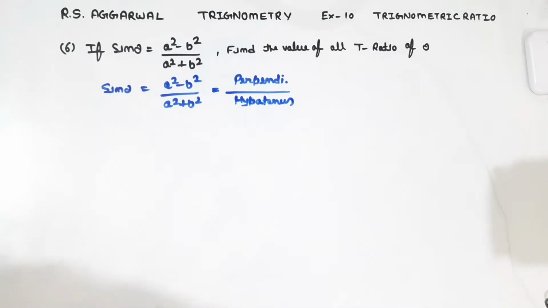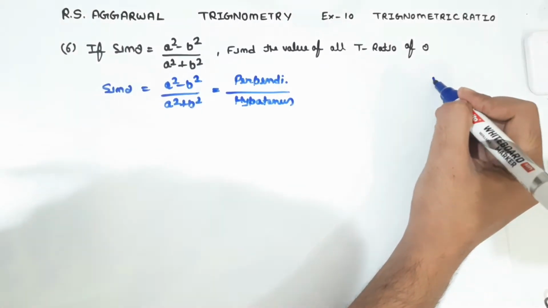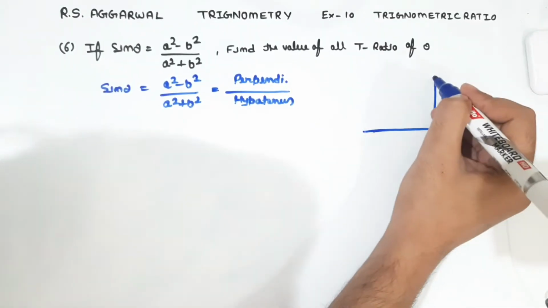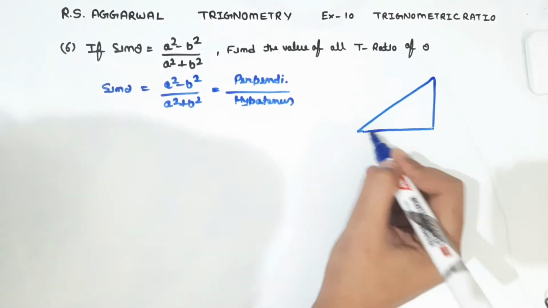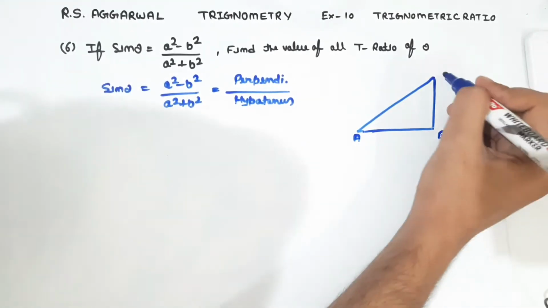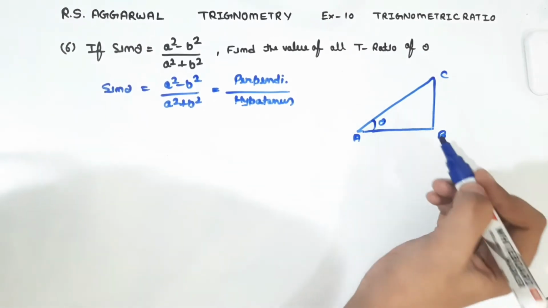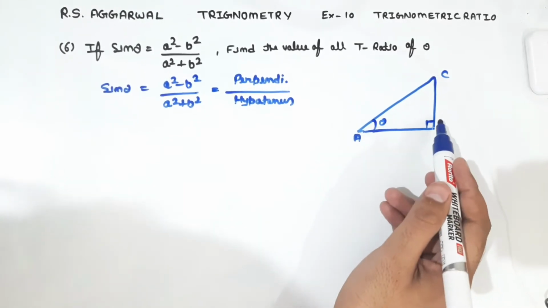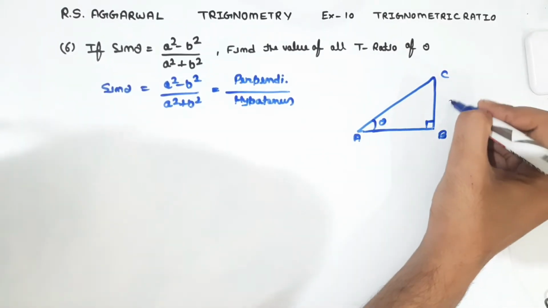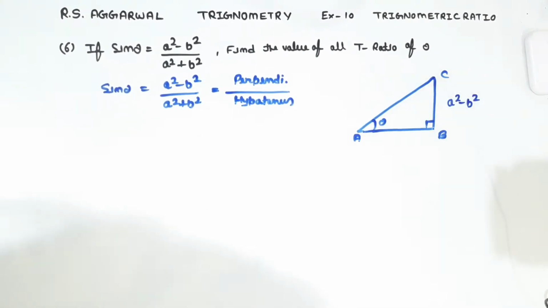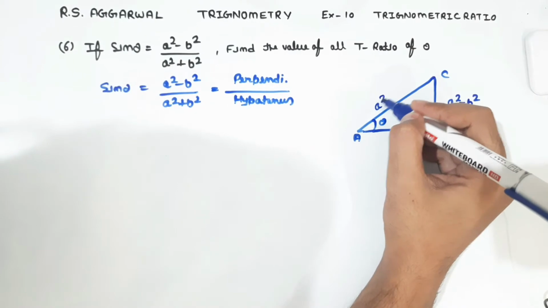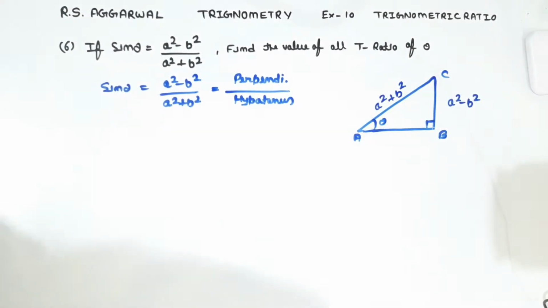So let's draw a right angle triangle A, B, C. Consider angle A as theta. So the side opposite to angle theta will be perpendicular, that is BC. So this is a square minus b square, and side opposite to angle 90 degree will be hypotenuse, that is a square plus b square.